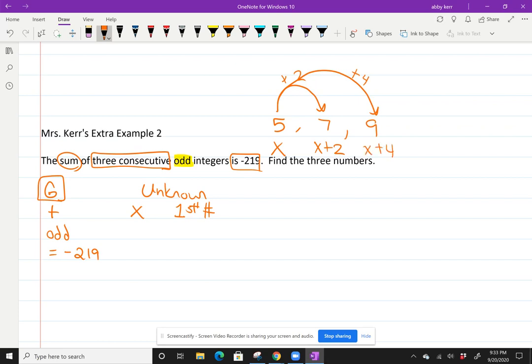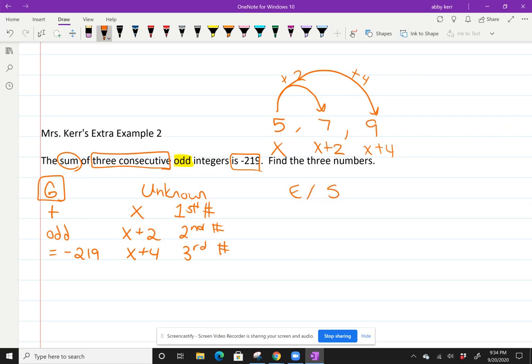Now the reason why I say this is going to be the case for odd and even is because you're always skipping a number with odd and even problems. So the second number is x plus 2. And then the third number is x plus 4.